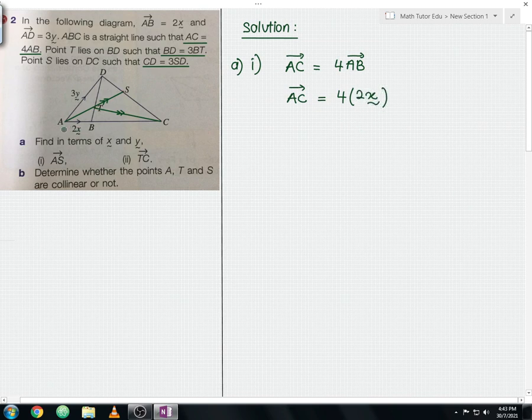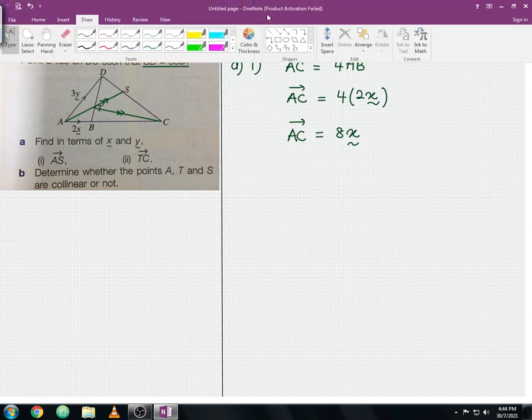Since the vector AB is 2x, so you include the value here. So 4 times with 2x, so from here you should get your vector AC is equals to 8x. Okay, so let me underline this.